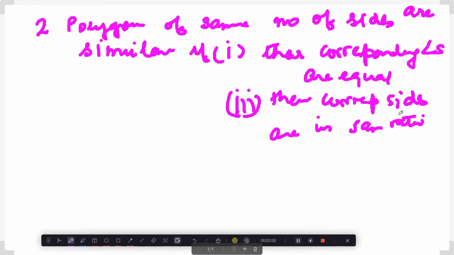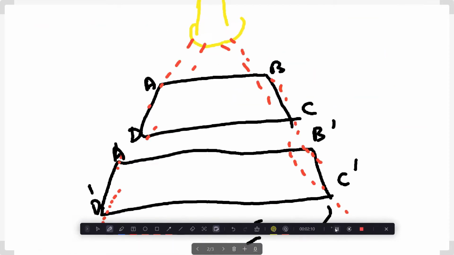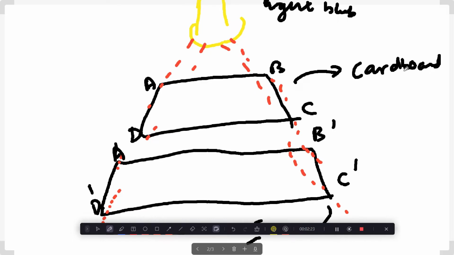Now let's look at an example. Let's look at this activity. We have placed a light bulb over here, and we have placed a cardboard shaped in the form of a quadrilateral right underneath this light bulb.